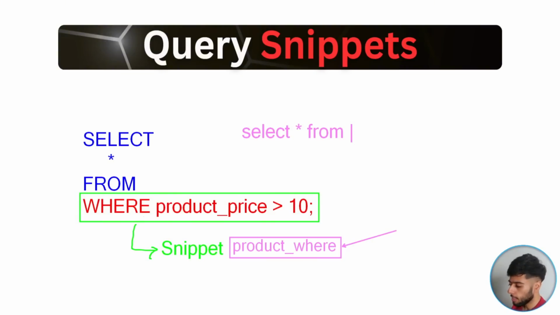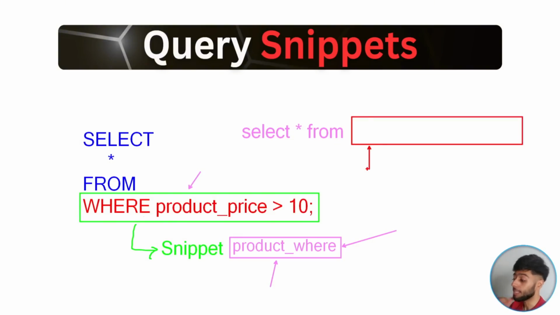So you can start writing product, and this auto suggestion will give you this name, product where. You hit tab and this code will be automatically entered for you here. This way you can create query snippets within Databricks, and this will save a lot of time.